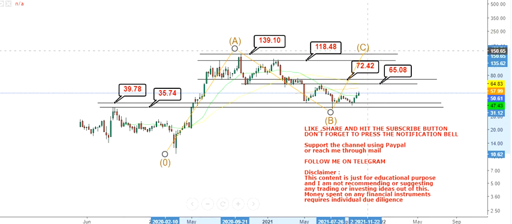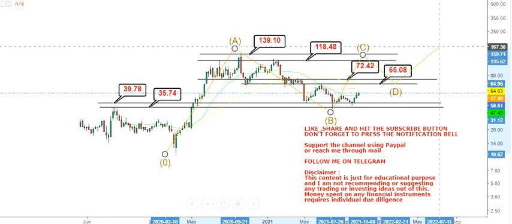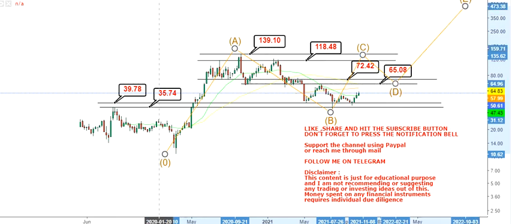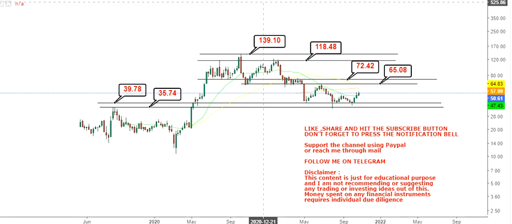That's a question. Or even if it halts at 139 and falls like this, the fifth move will be bigger. So there is a possibility that we are talking about. Anyhow, the current range is between 35.7 and 39.78 on the downside, and on the upside we have a range between 118 and 139.